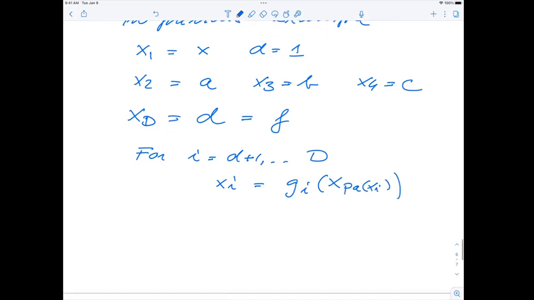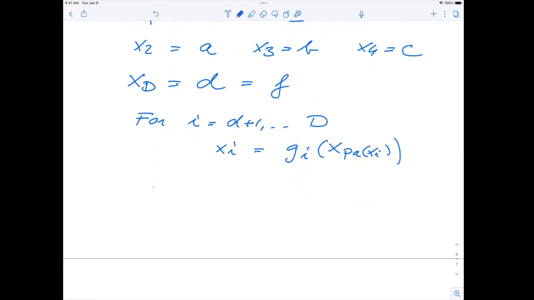So let me just specify what this is. These g_i are elementary functions. Like we saw, the elementary functions could be x times x, it could be the square root, it could be the exponential.